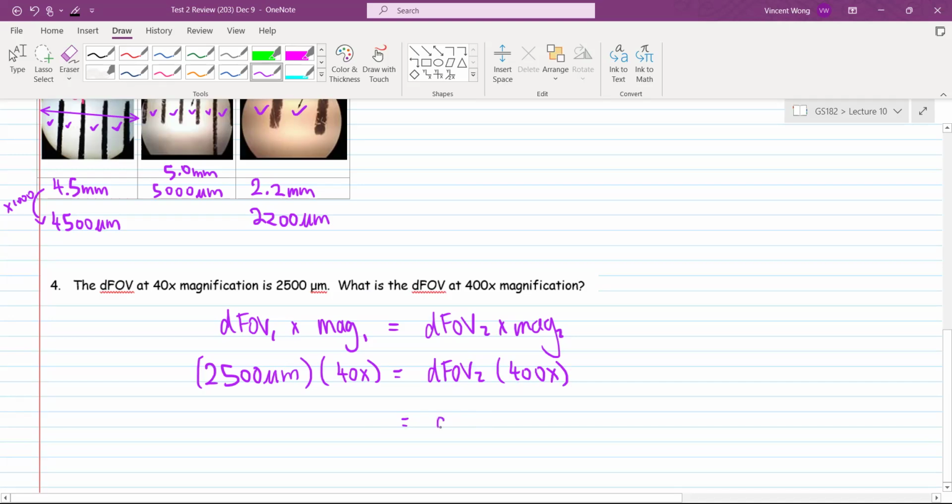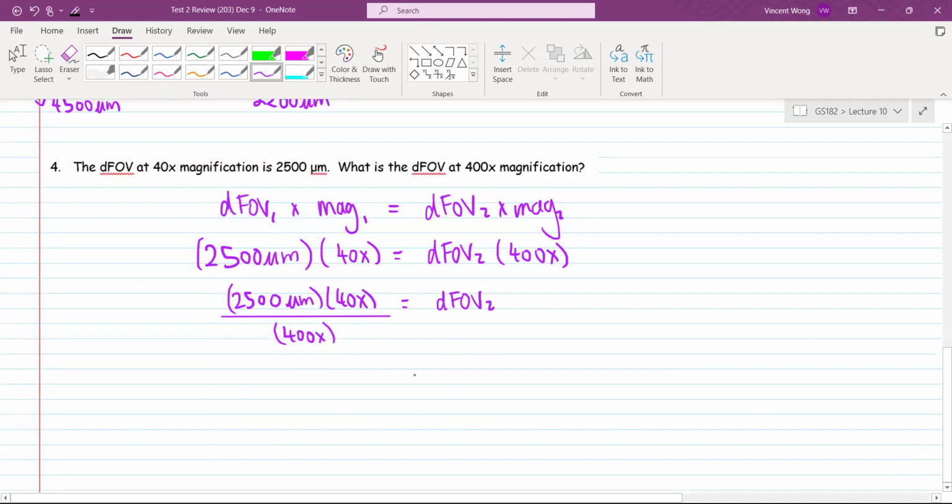So to solve for this, DFOV 2 equals 2500 times 40 divided by 400. So plug that into the calculator if you need to. But you can reduce, and this is 10. And then in the end, you're going to get 250 micrometer.